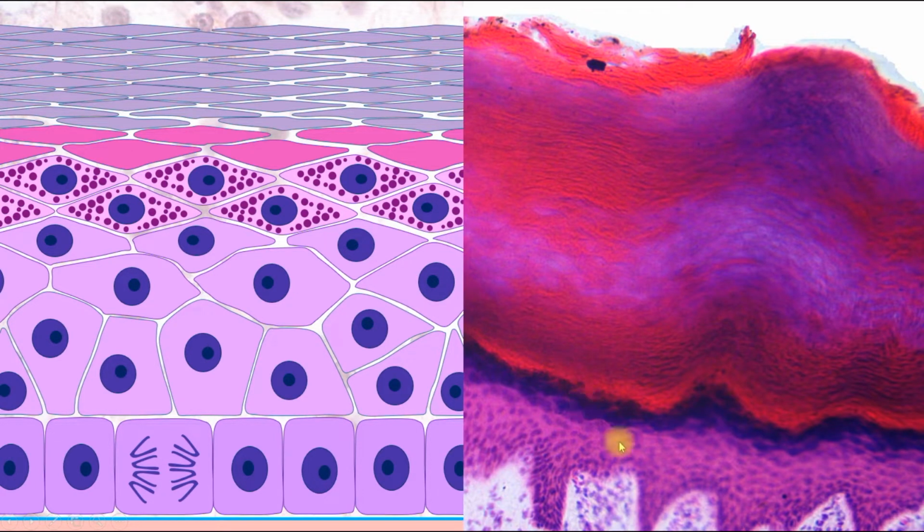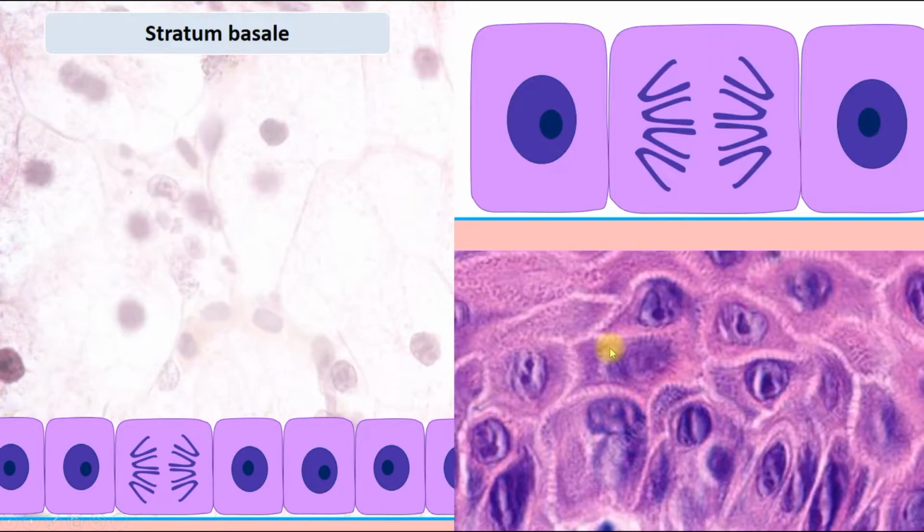And on this histological slide we can distinguish those layers. The deepest layer of cells, located on the basement membrane, is stratum basale or basal layer. Next, stratum spinosum, stratum granulosum, stratum lucidum, and stratum corneum.